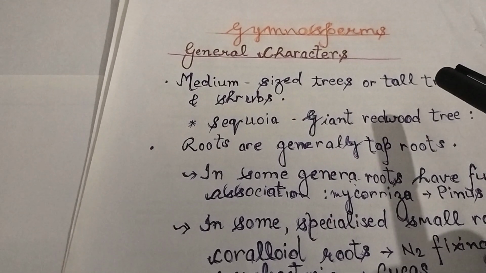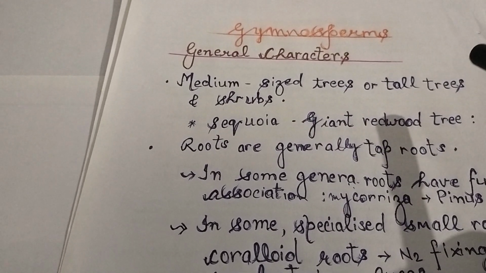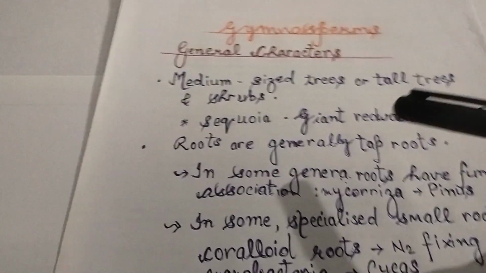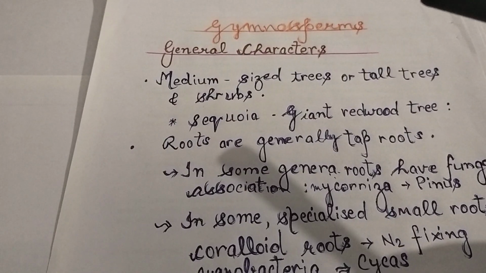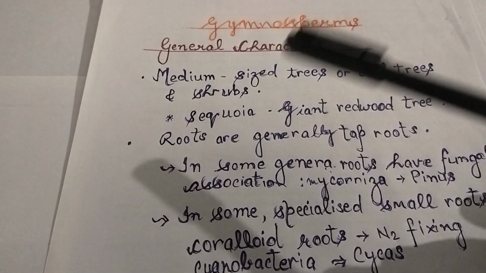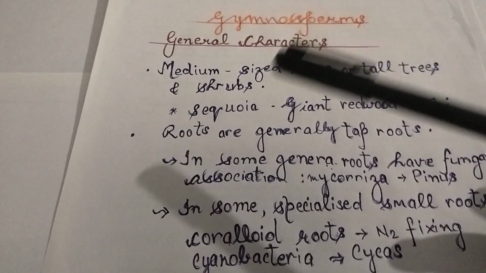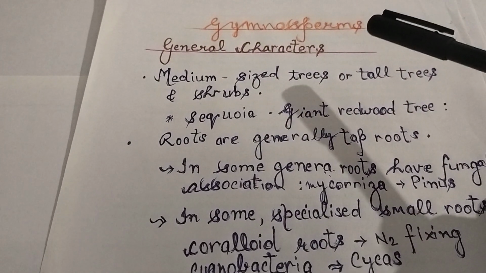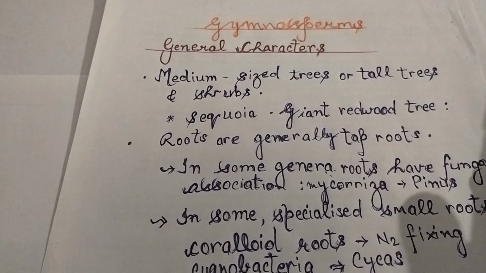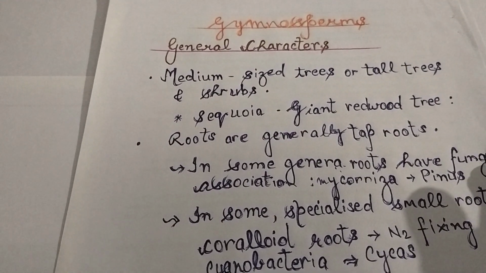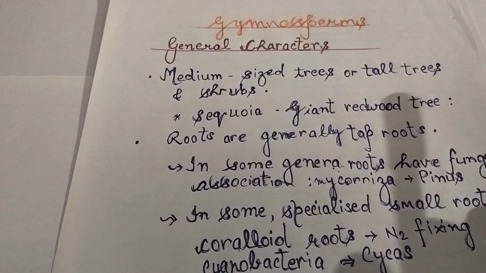Then in pteridophytes we studied that actual roots, stems and leaves were present. See the evolution taking place gradually, and this is the sequence of their placement, and that's why I tell you every now and then you have to learn them all. Remember these names in hierarchy.